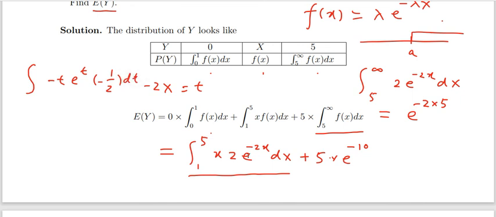And the upper and lower bounds change: x equals 1, t equals negative 2, and x equals 5, t equals negative 10. Okay, then simplify. Negative negative becomes positive. Let me check the signs.